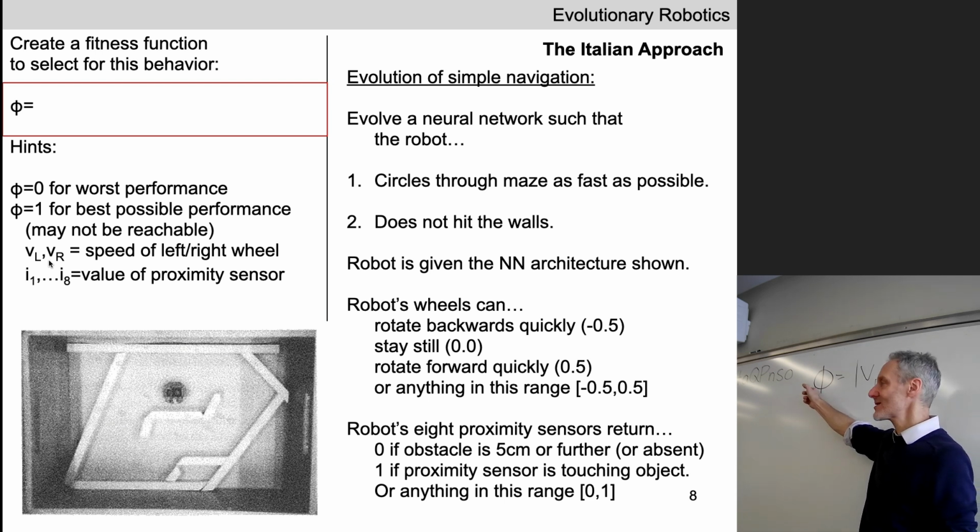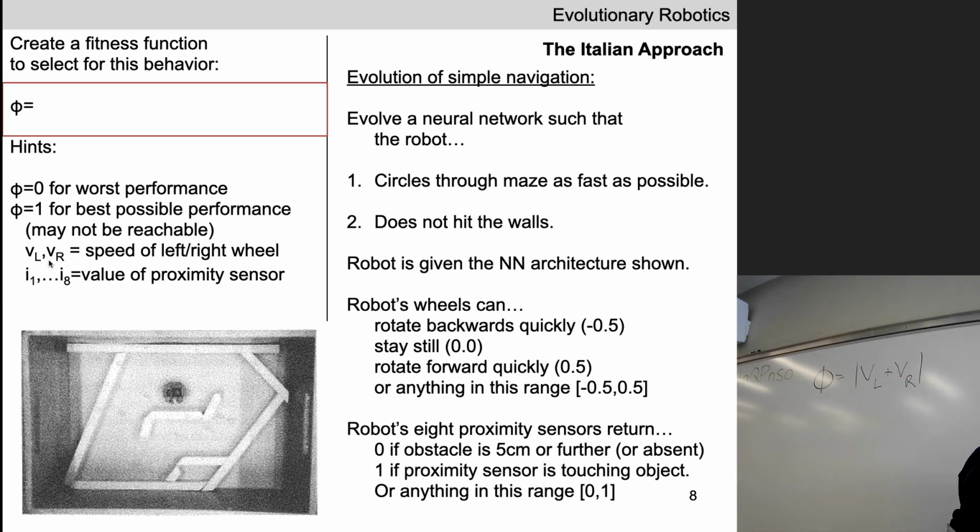Remember that we want this to be high when the robot is going fast and not crashing into walls. And we want this to be low when the robot is not moving very much or crashing into walls. What goes in here? You subtract the summation last time. What about adding summation?